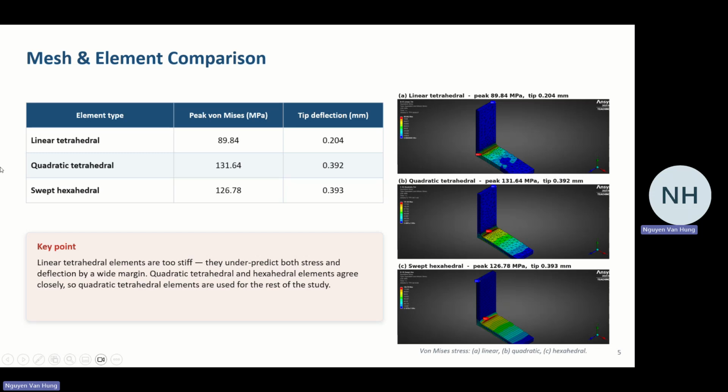The quadratic tetrahedron and the hexahedron agree very well at about 132 megapascals and 0.39 millimeter. The lesson is that you cannot use the linear tetrahedron for this kind of bending problem. I used quadratic tetrahedron elements from here on.